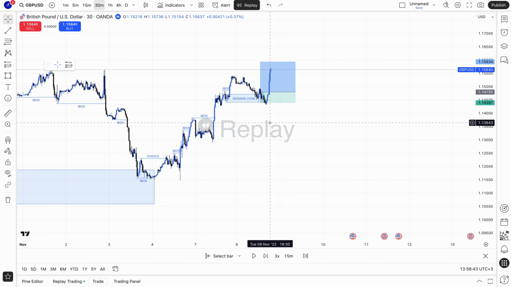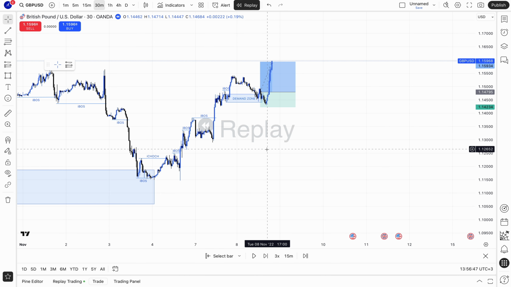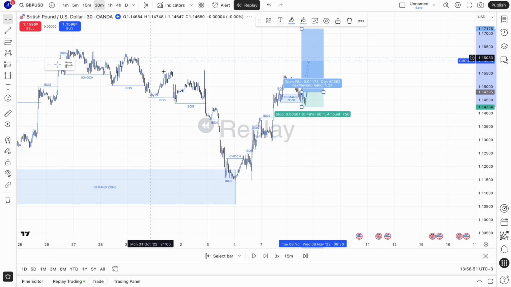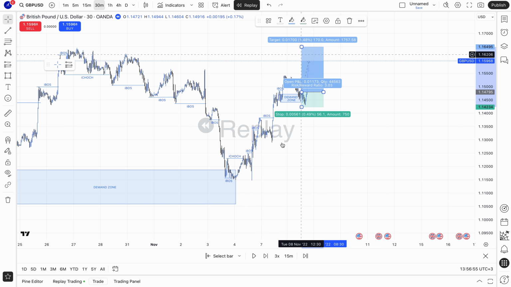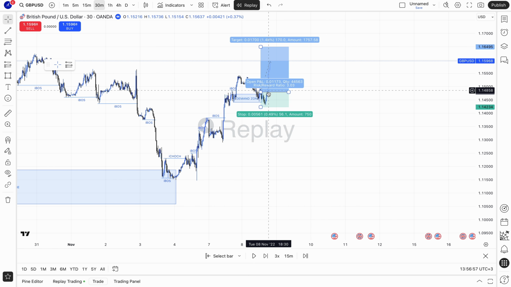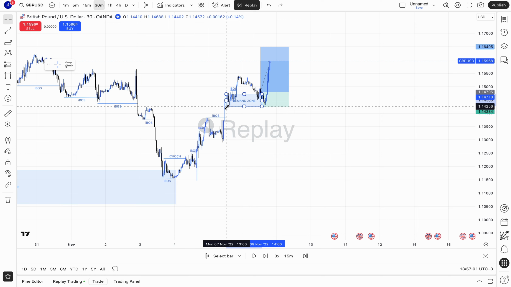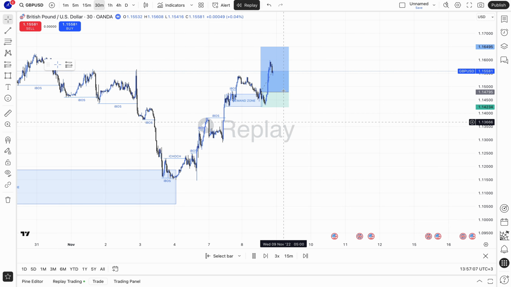Why? We had to put our stop loss just below here, below the swing low. That had to be our take profit. Stop loss here, then take profit there. And our demand zone had to go down to cover all the swing low.